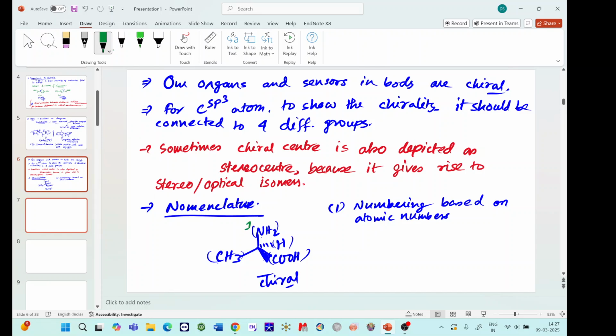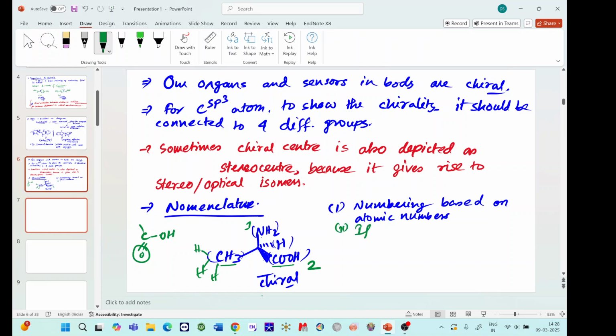Then, between the carboxylic acid group and the methyl group: carboxylic acid means C double bond O, OH. This double bond O you can consider as 2 oxygen atoms, so this carbon is connected to 3 oxygen, and the methyl carbon is connected to 3 hydrogen. Which will be of more priority? This one, because oxygen has more priority than hydrogen.